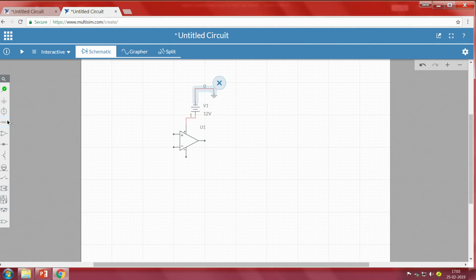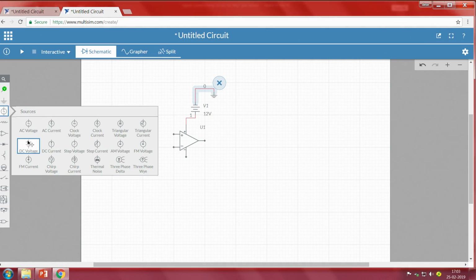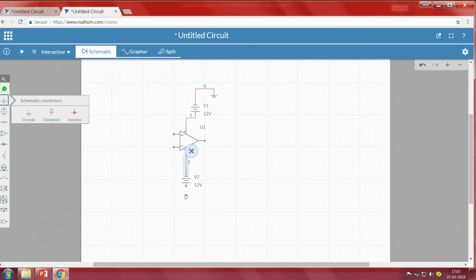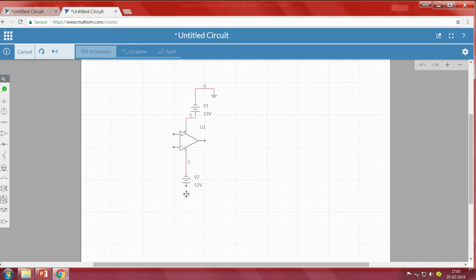So this is one terminal. Let's connect the supply voltage to the other terminal. And then connect the ground.